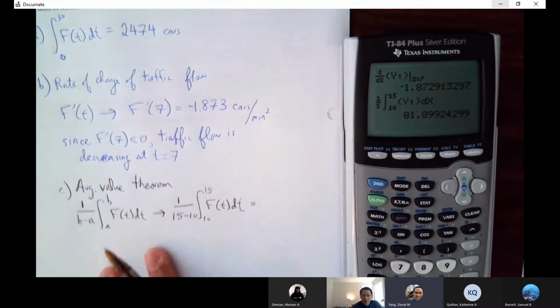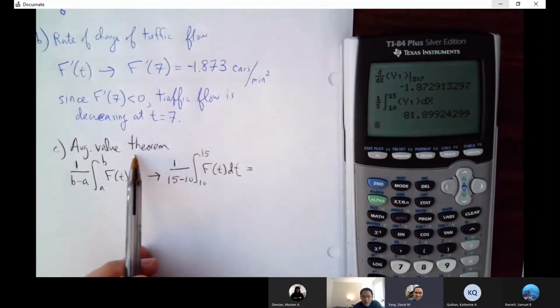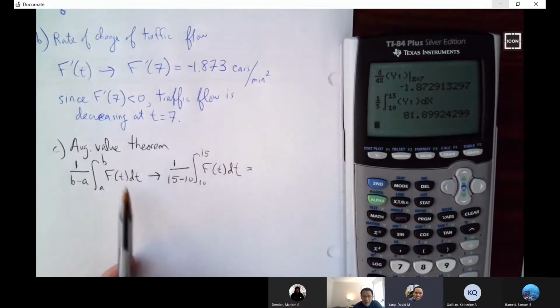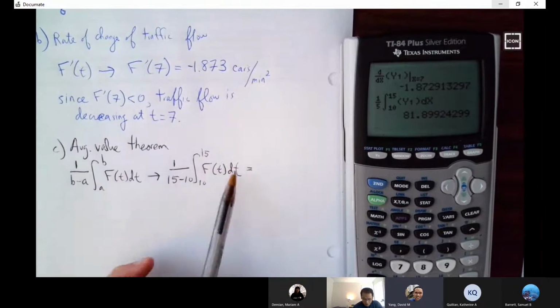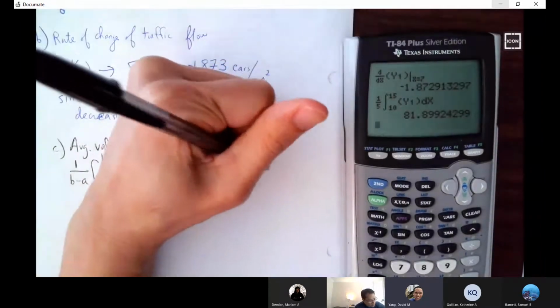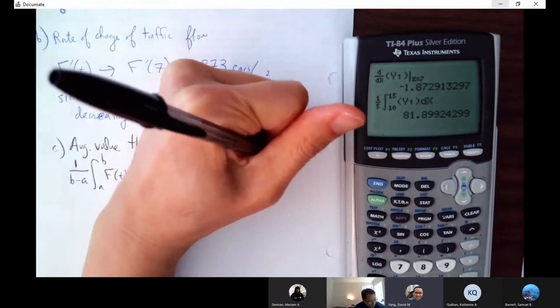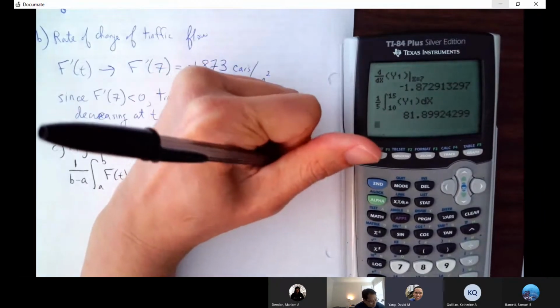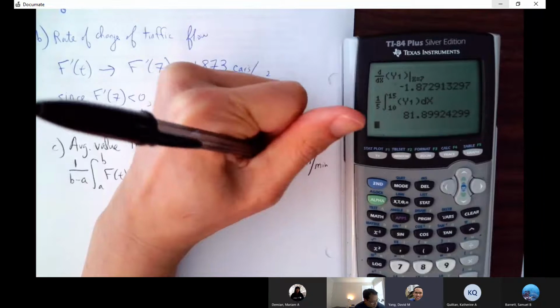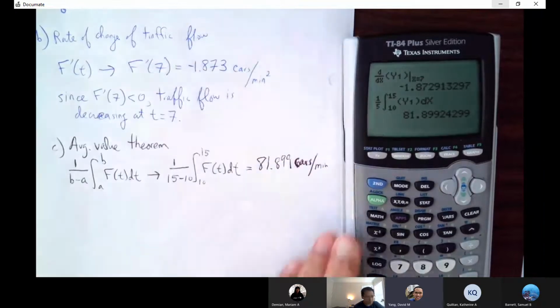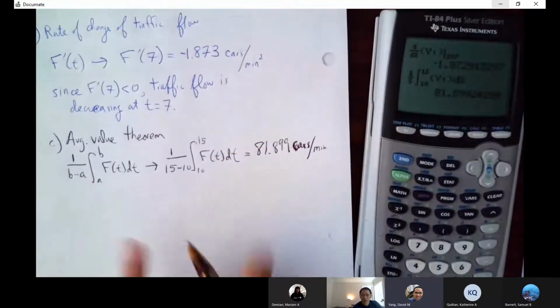Okay, so for average value, we're going to keep the units of f of t. So we're going to maintain it as 81.899 cars per minute. Average traffic flow.